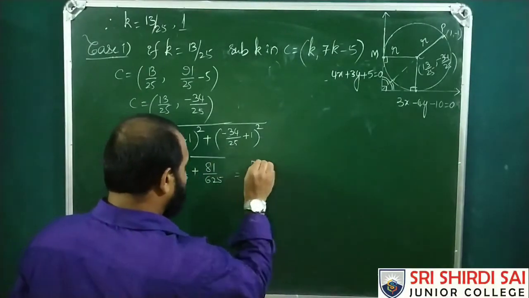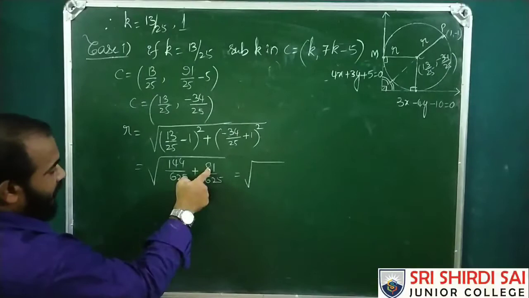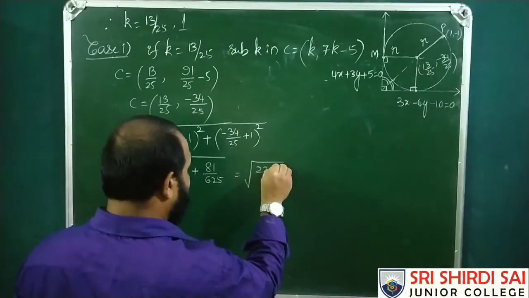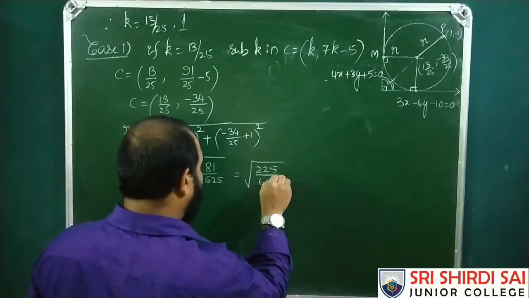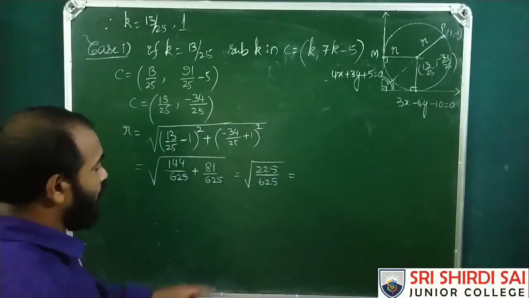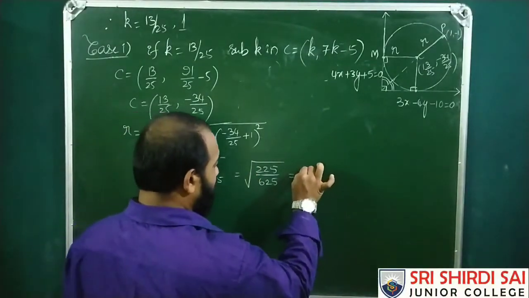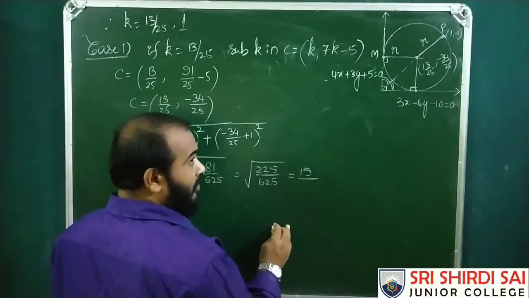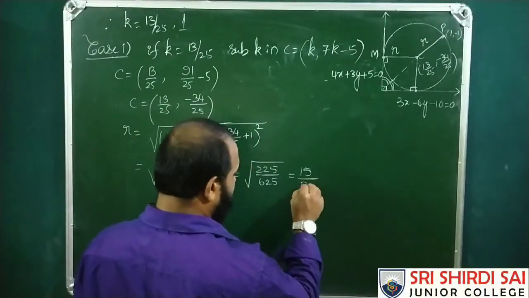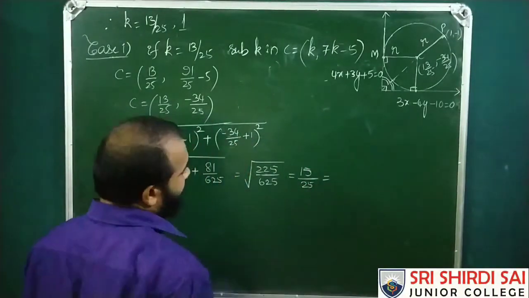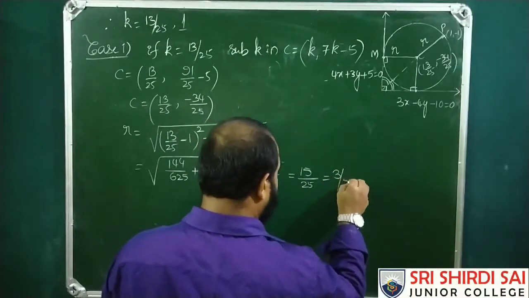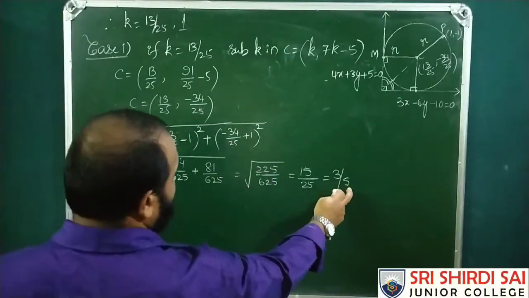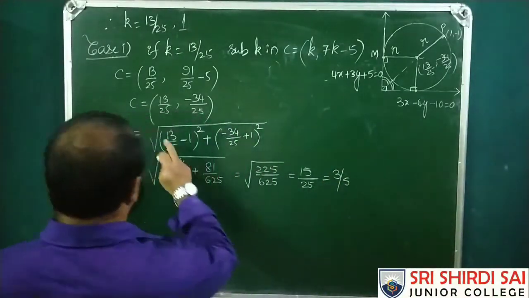That equals 144 plus 81 is 225 by 625, under root is 15 by 25. If you cancel 5, then 3 by 5. So this is the center and this is the radius.